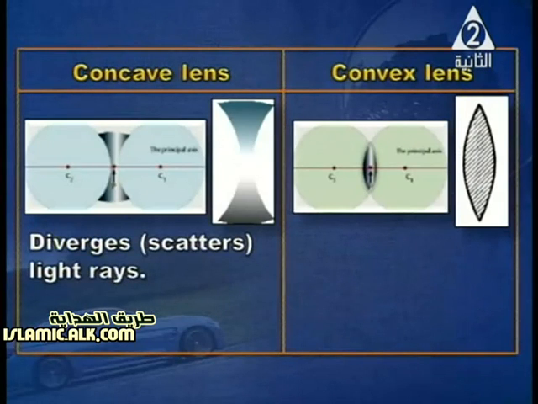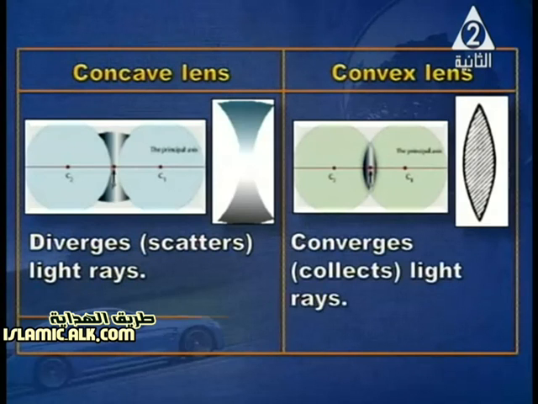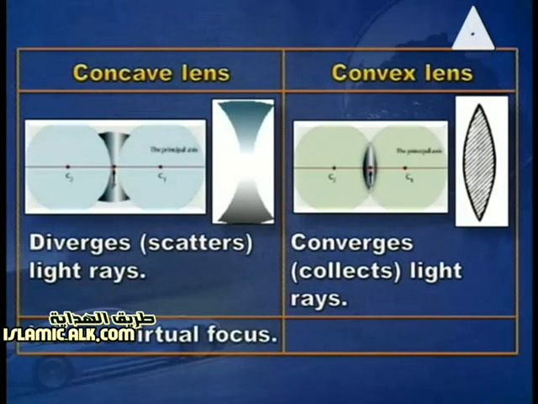The concave lens will diverge the light rays, or scatter the light rays, after falling on it, while the convex lens will converge and collect the light rays after falling on it.